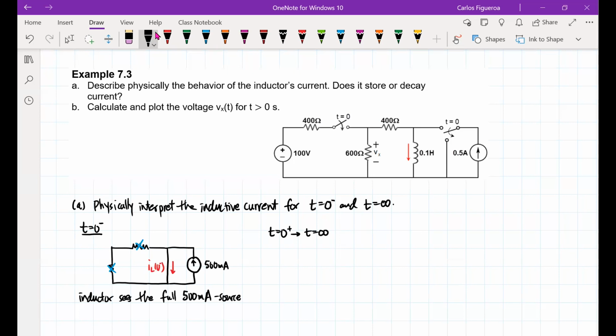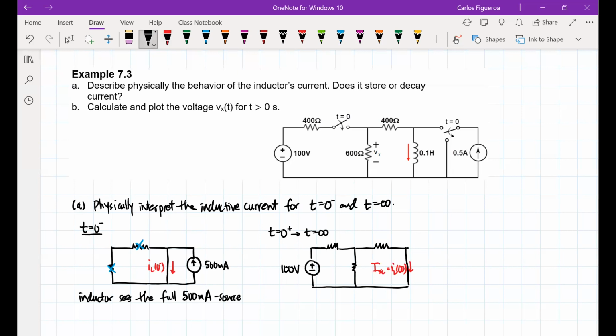I have a 100-volt source, this resistor, then this resistor, and then right here I have my current, which is going to be I infinity, which is I short circuit, which is also IL of infinity.